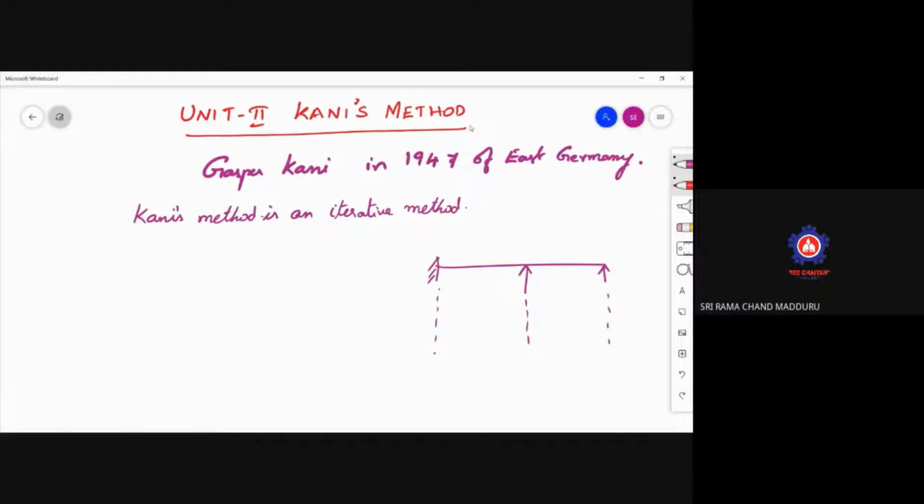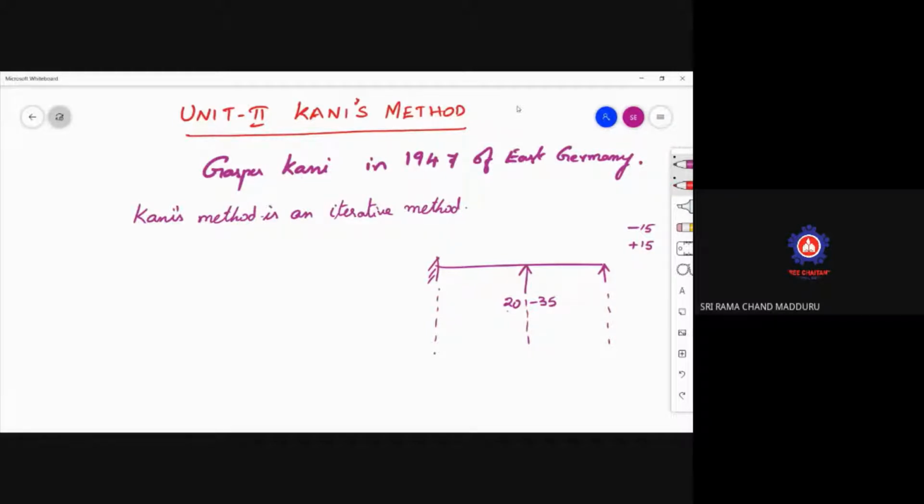But you have observed that the value here is 20, but here it is minus 35. So 20 minus 35 is minus 15. So plus 15 is distributed, that is, it is balanced according to their distribution factors.